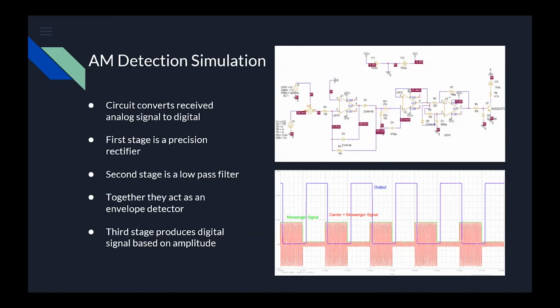Did anyone do any stability analysis? You mentioned ringing, and you mentioned overshoot and other things. Did anybody do any stability analysis of each of the op amp stages? For the AM detection board, or the receiver, or the transmitter? I can actually answer that question. So we took over in fall. The previous semester, yes, they have done stability measures.